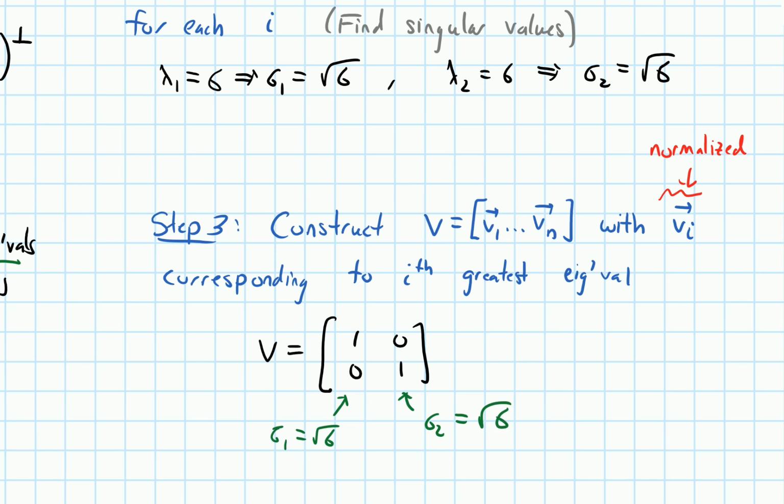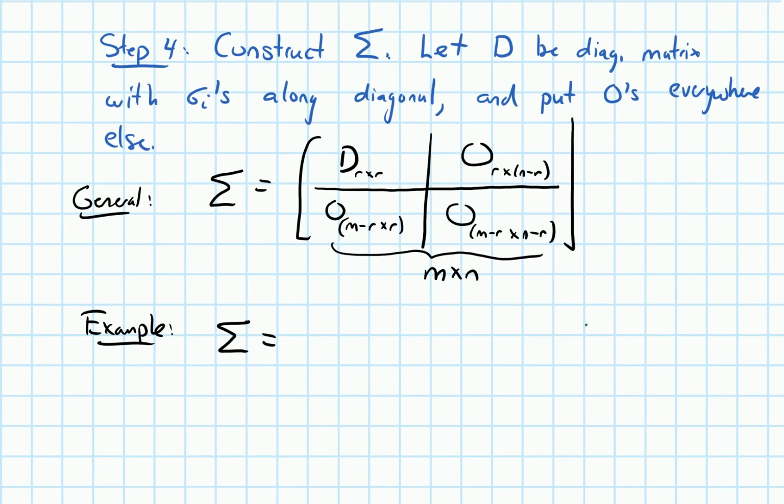So we are ready for step 4. We're going to find sigma next. We want to construct sigma. Recall that sigma has this form, where in the upper left corner there's an R by R diagonal matrix that consists of all the non-zero singular values along the main diagonal, and everywhere else in the matrix we have zeros.